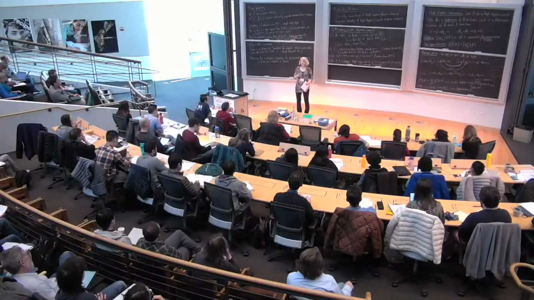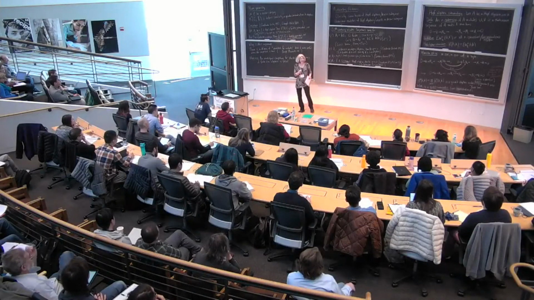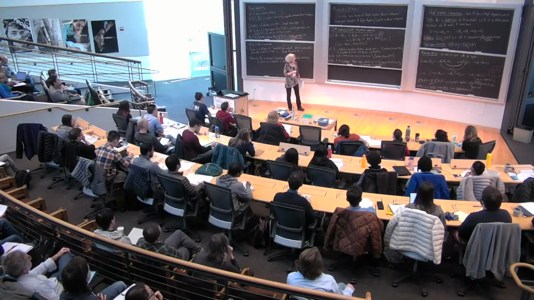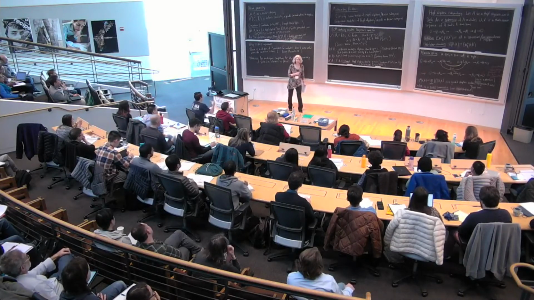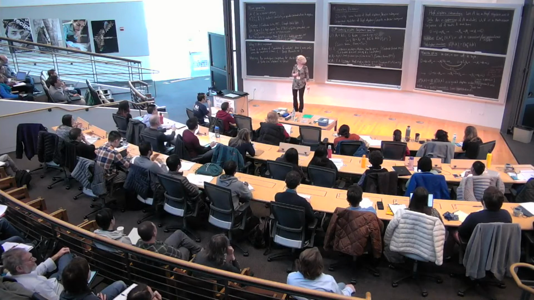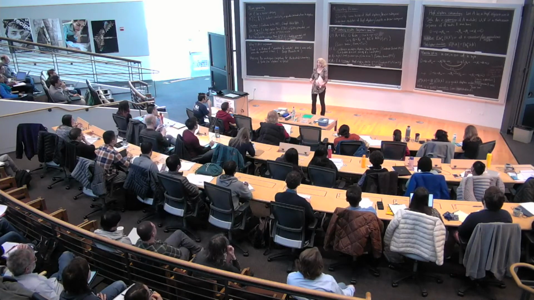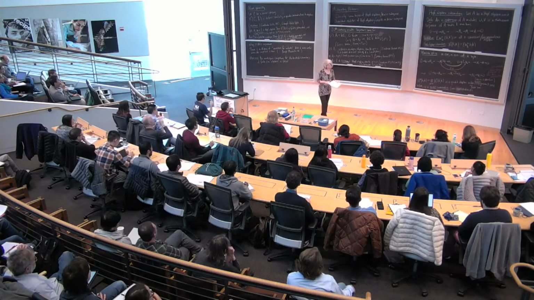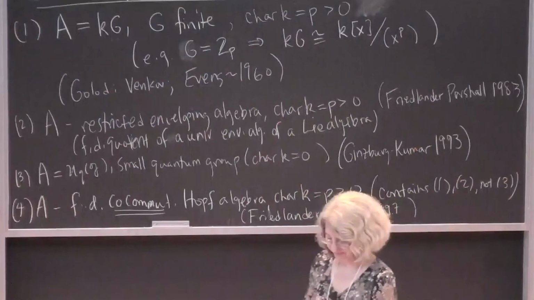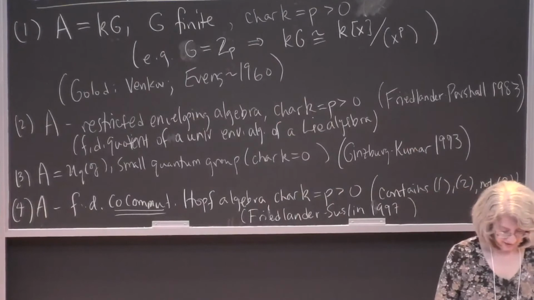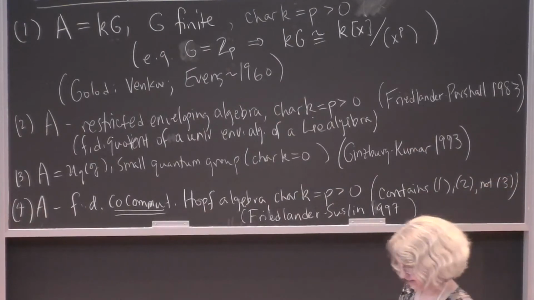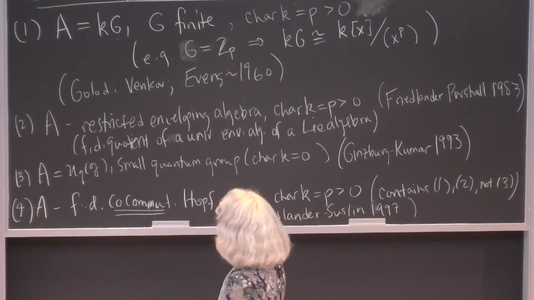And she said, they proved it. They proved that the cohomology of a finite-dimensional co-commutative Hopf algebra is finitely generated. She was so excited. So then we just took this huge preprint and started looking through it and discussing it. So it was a really big deal. Right. Okay, so that was last millennium.